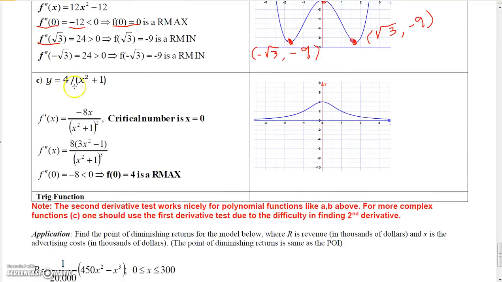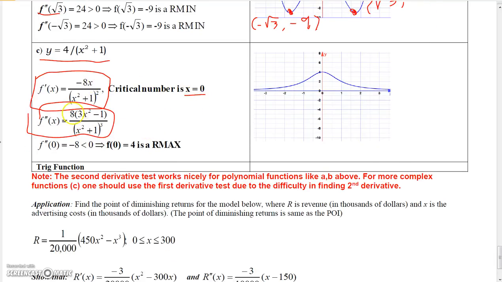Now again, here's another one that might be difficult to use the second derivative test on because of the difficulty in finding the derivative. But I went ahead and did it. The first derivative you can get using the quotient rule, and then you can apply the quotient rule again to get the second derivative. From the first derivative, I only got one critical number, and that's x equals 0.